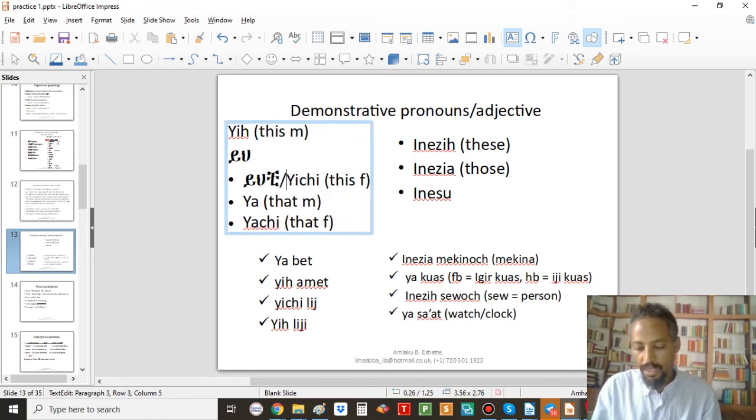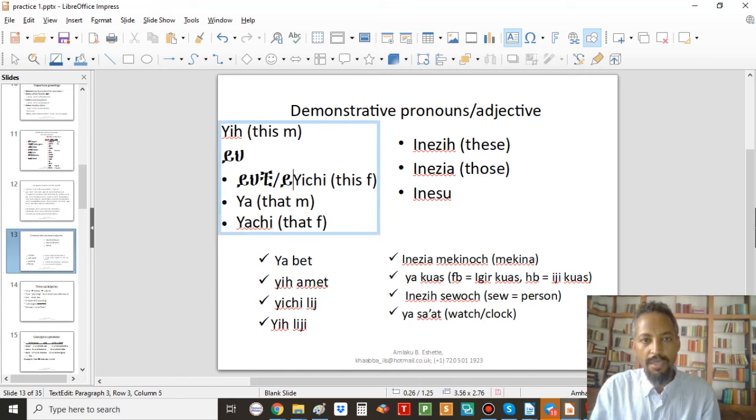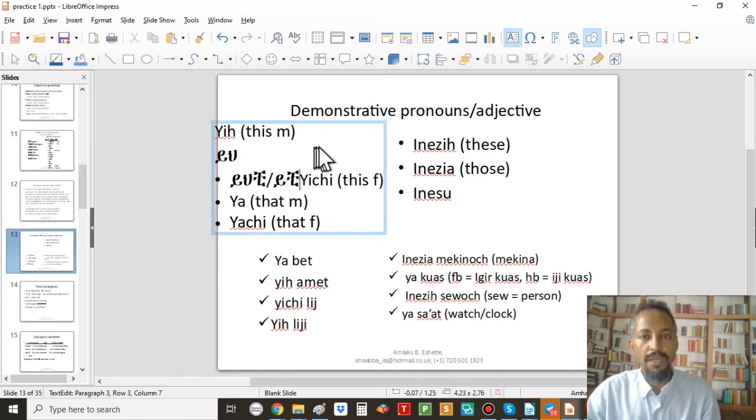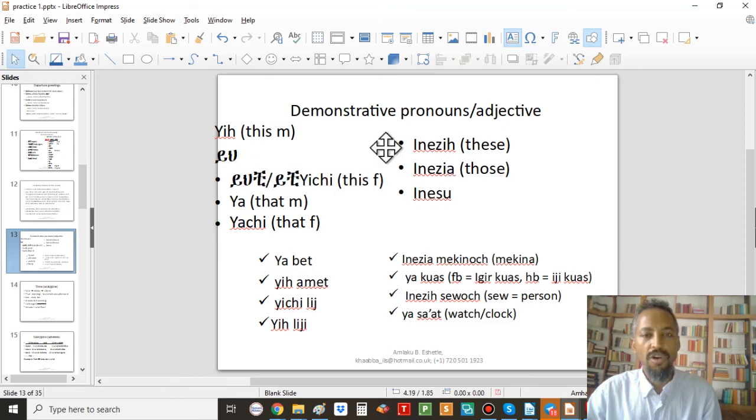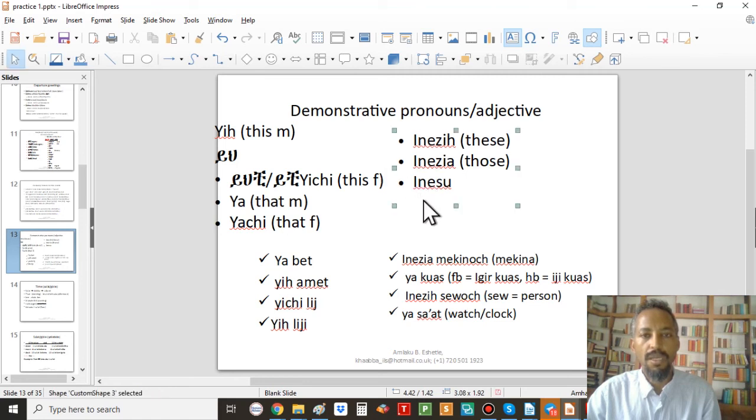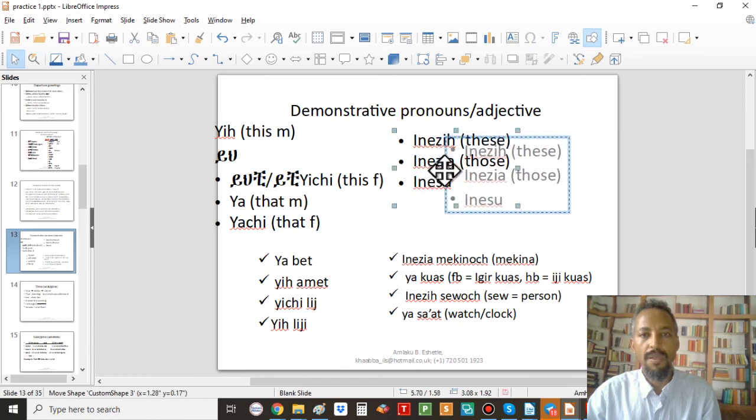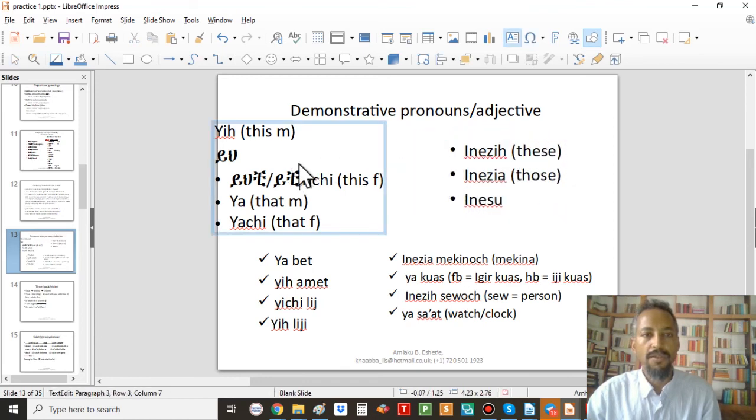The h may be, in some instances, softened.